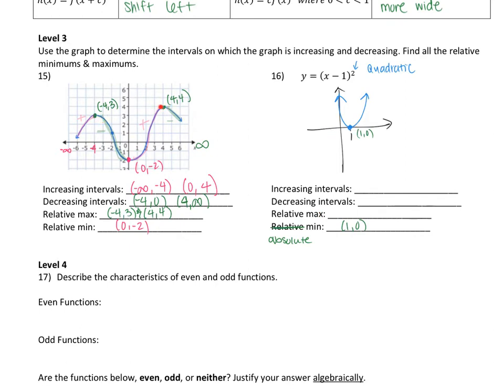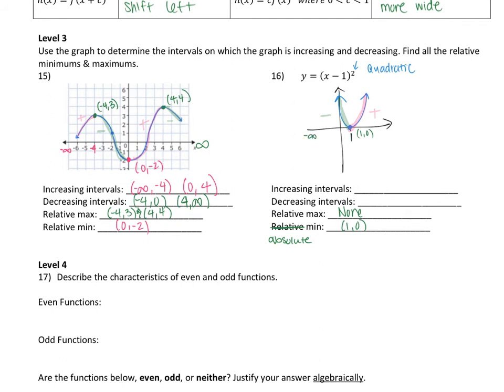As for increasing and decreasing intervals, you can see that this side here is decreasing, whereas this interval here is increasing. So for the decreasing, it's going from this arrow shooting up, so that's pointing towards the left, so it's going from negative infinity to 1.